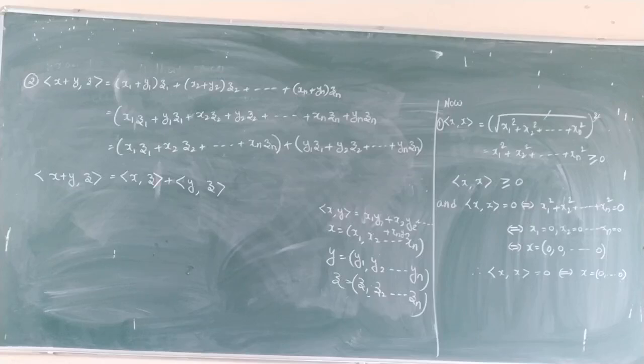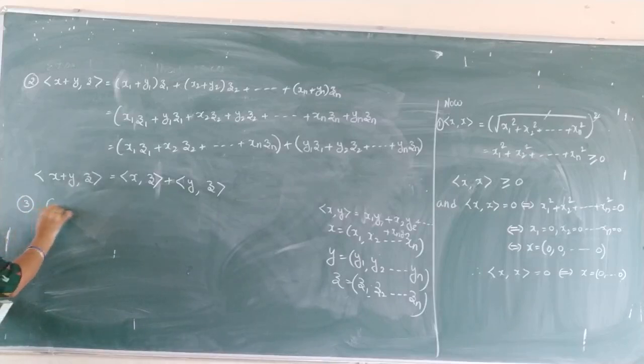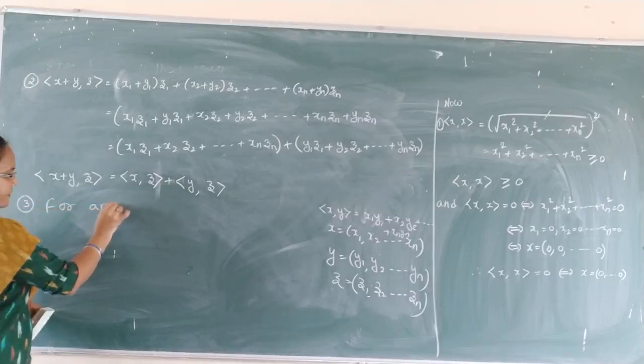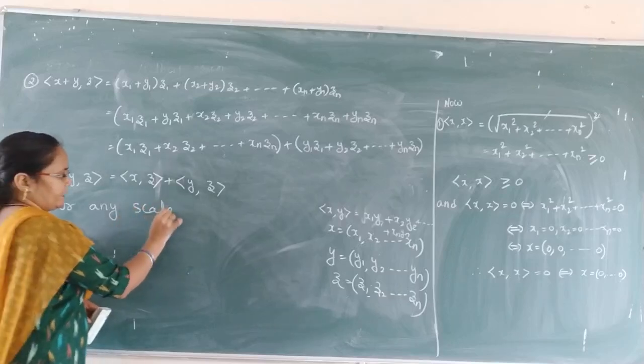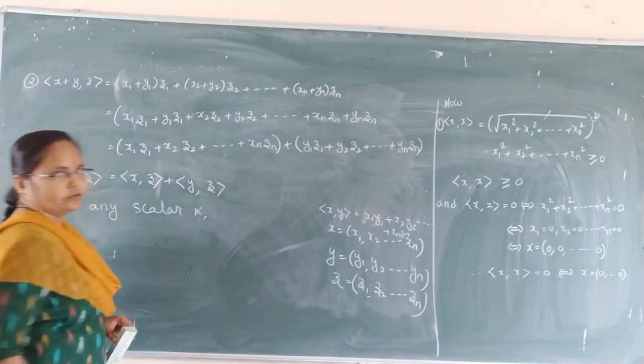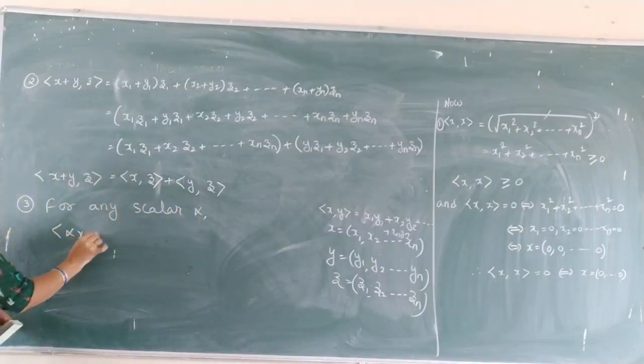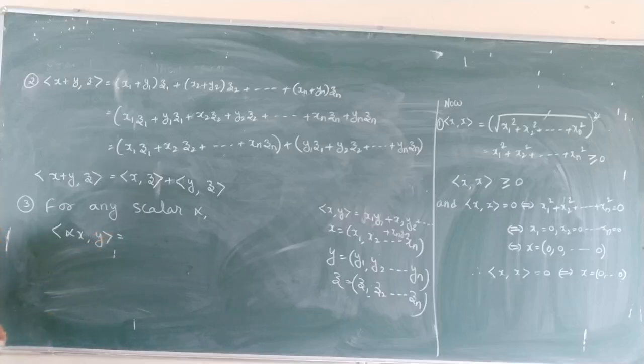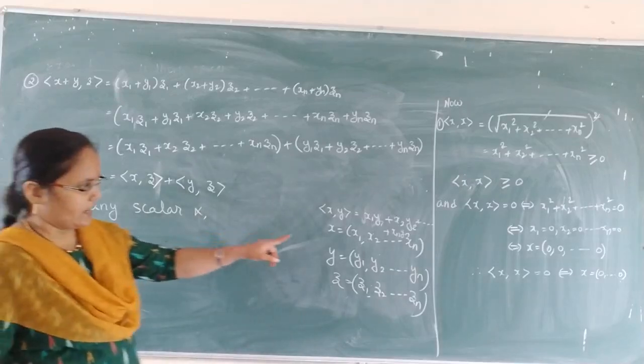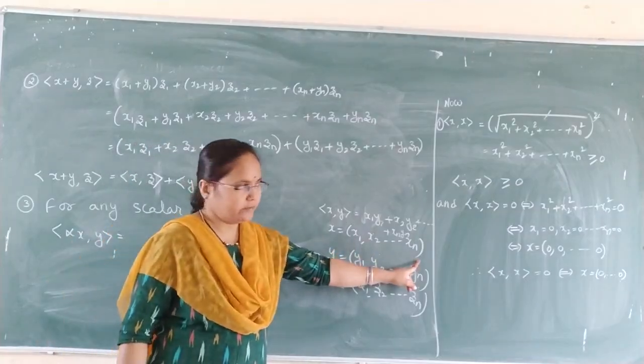Next we have to calculate our third one. For any scalar alpha, we have to calculate the inner product of alpha x comma y. So what we have to do? In alpha x comma y, the x terms are multiplied with alpha.